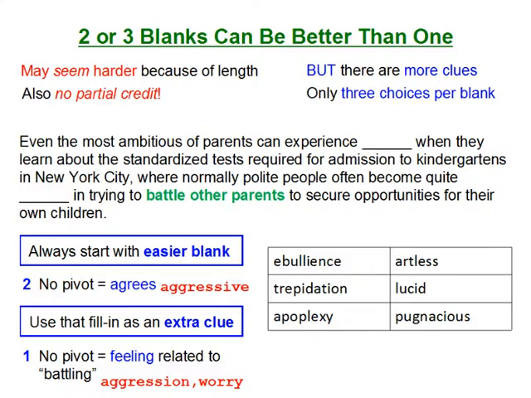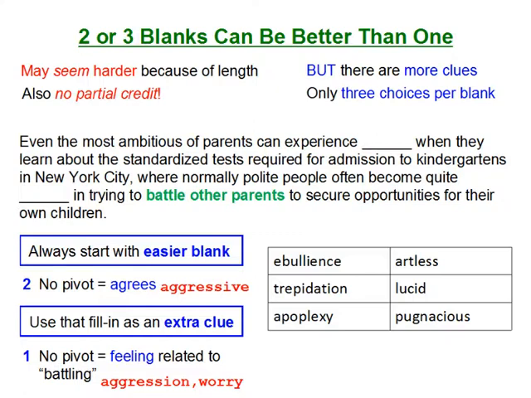Maybe it's more aggression. We could just recycle that clue that we already came up with and use it again. They experience aggression, often becoming aggressive. No one can deny that that makes sense, that those words would be accurate when used together. Maybe it's also worry, and that's why they become sort of aggressive, because they're afraid or something. So with those fill-ins, we could go to the choices, and I'll go ahead and give it away here.